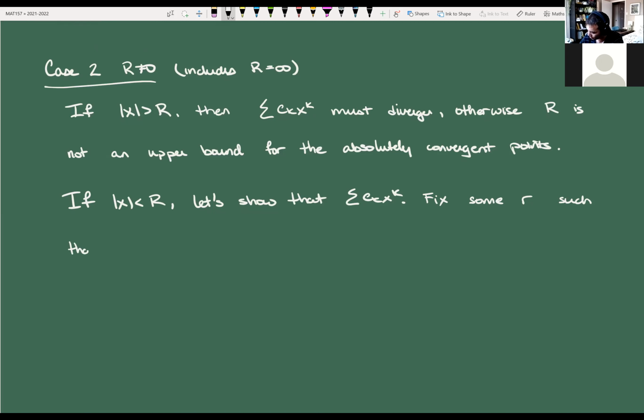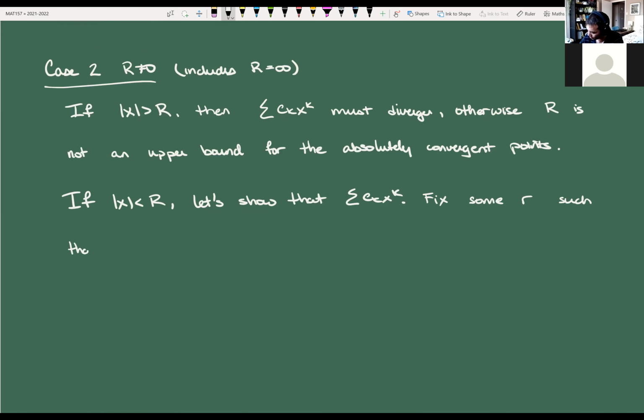Without going into too much detail here, hopefully you remember the epsilon definition of the supremum. If you set epsilon equal to r minus the absolute value of x, you'll get that you can find some R between these two numbers such that you do actually converge absolutely at R. Otherwise, capital R wouldn't be the least upper bound, because you could get something smaller than it.